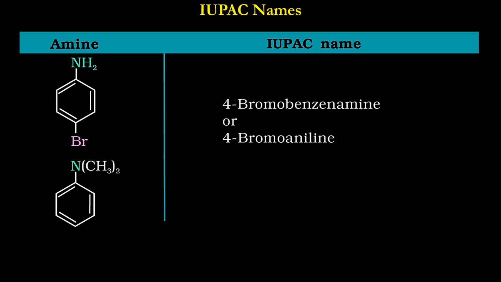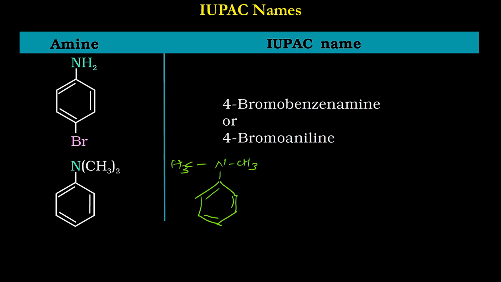Next one. Now this one is important. Here on nitrogen, you don't have any hydrogen. It means all three are carbons here. So all three are carbons attached on this nitrogen. So these are two methyl groups. So if I redraw this one, it will be something like N CH3 CH3, isn't it?